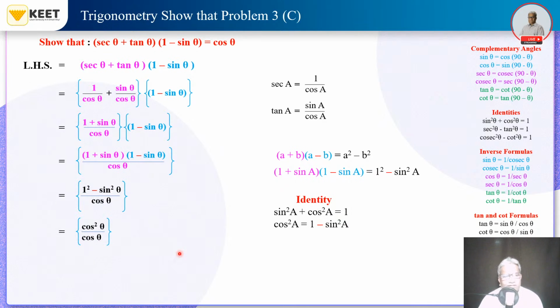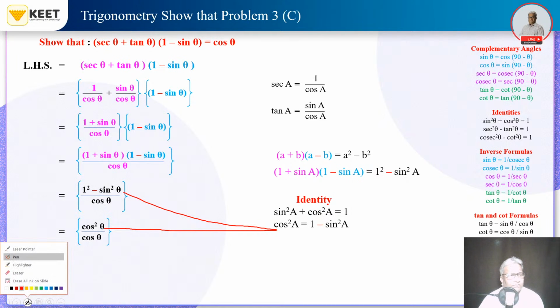The replacement is there. So here the replacement can be shown to you. This numerator, use this formula, and then from here you will come to this numerator. Okay. So here is the laser. So now this cos square theta, the numerator, can be written two times, that is cos theta and cos theta.